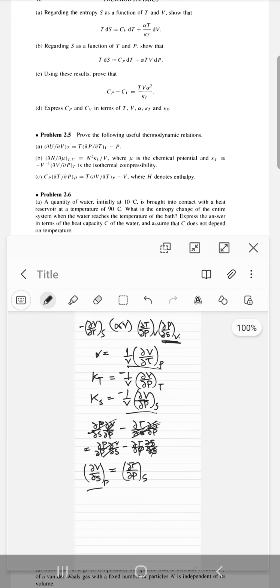So you already have this term somewhere. Partial V by partial S. Okay, wait, no, you don't. Why do you not have that term? What you have is entropy and volume.